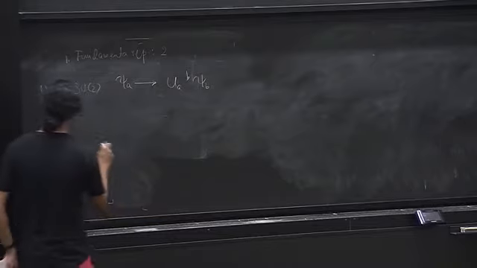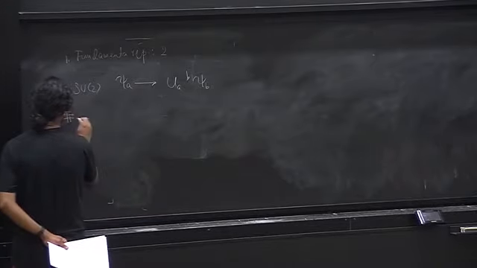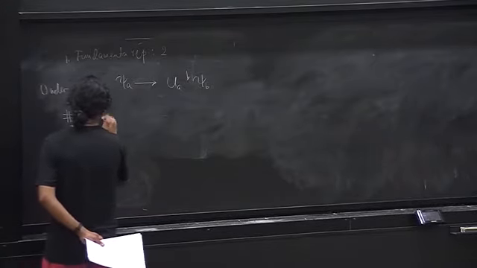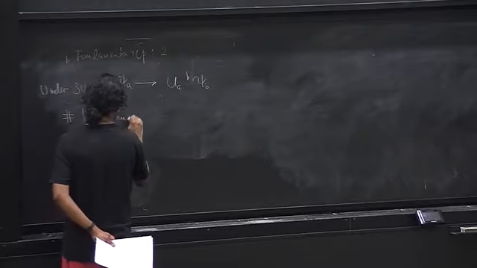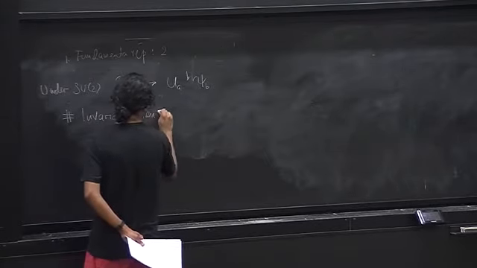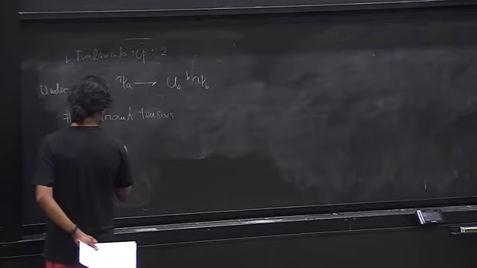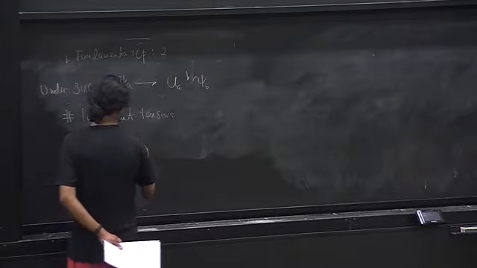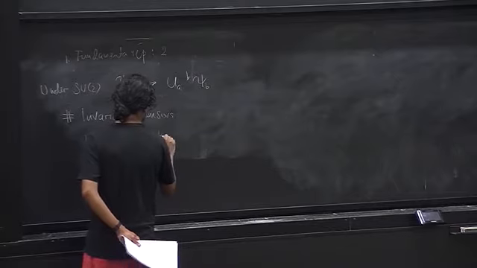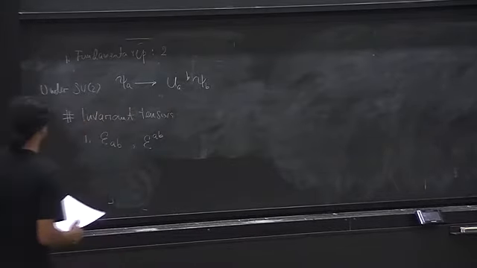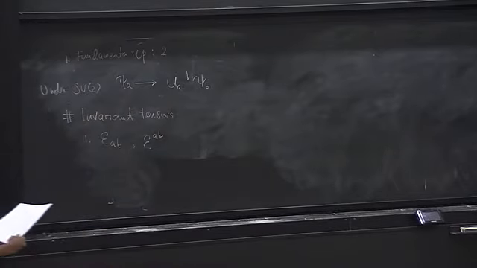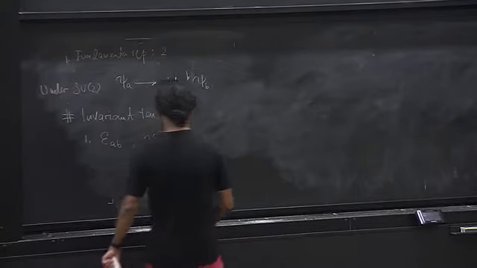Now we are going to look at some other tensors which are useful, known as invariant tensors. Number 1, the Levi-Civita symbol, epsilon AB.